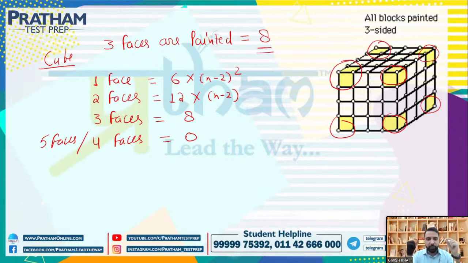But in case of a cube, maximum 3 faces can be painted, not more than 3. But in case of a cuboid, 4 faces are also possible and 5 are also possible. In a cuboid, the answer is not 0, you can find the answer for 4 faces also, right?